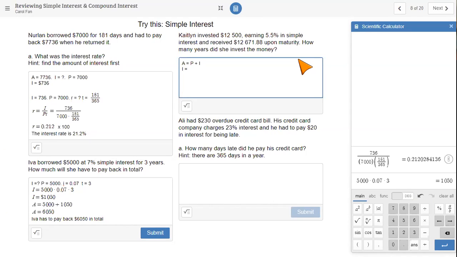So that means interest is equal to 1261.88 minus 12,500. So 171.88.